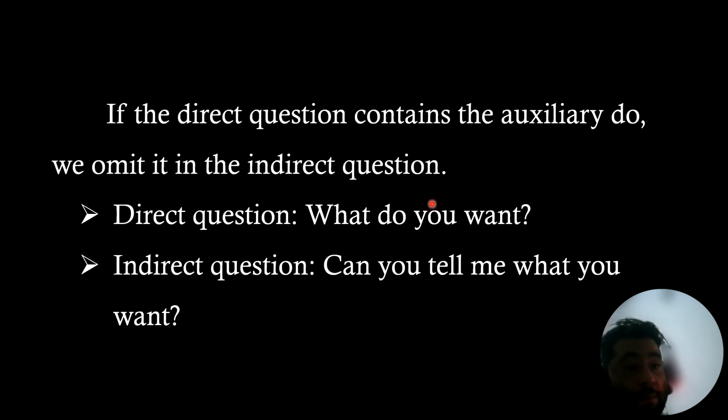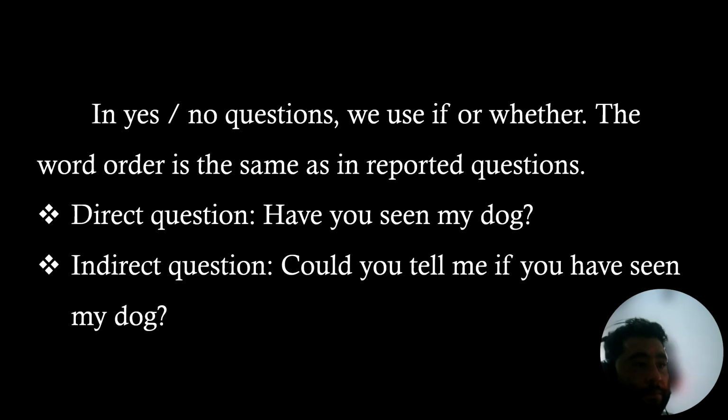If we change into past, what did you want? We need to transform the verb in past. And you tell me what you wanted, for example. And as a final rule, when we have yes or no questions, we need to keep the word order the same, and we need to include if.